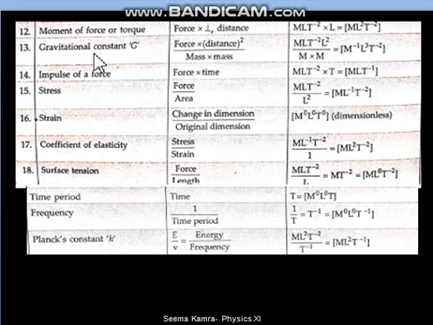Pi was a constant, but it was just a number, 3.14. So we ignored it while calculating its dimensional formula. But gravitational constant capital G is not unitless. So how to get its dimensional formula? We will be taking the help of Newton's gravitational force formula.